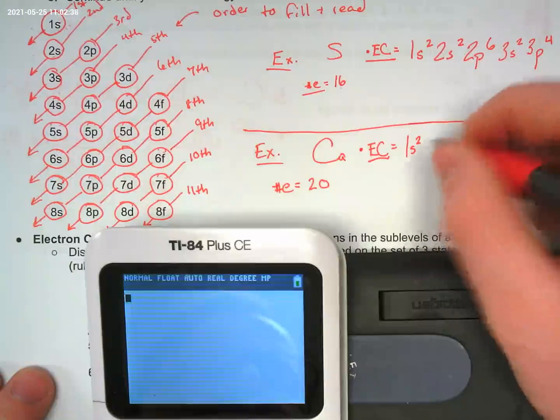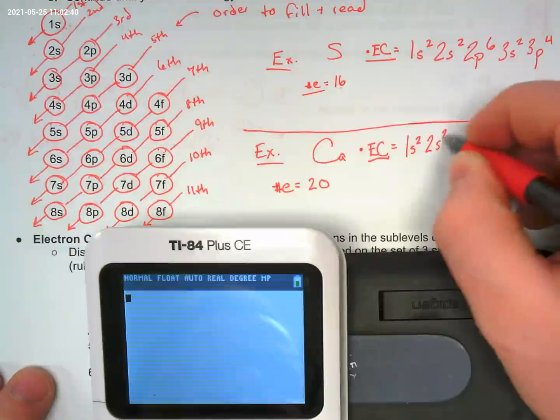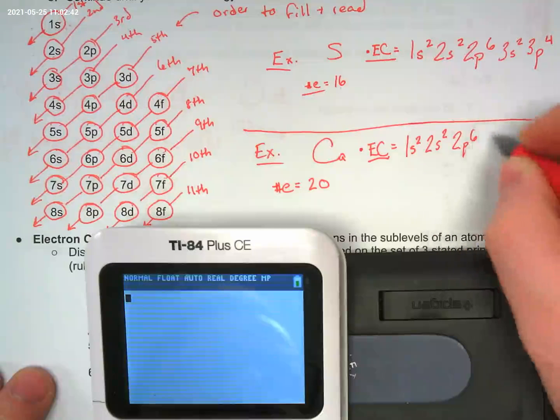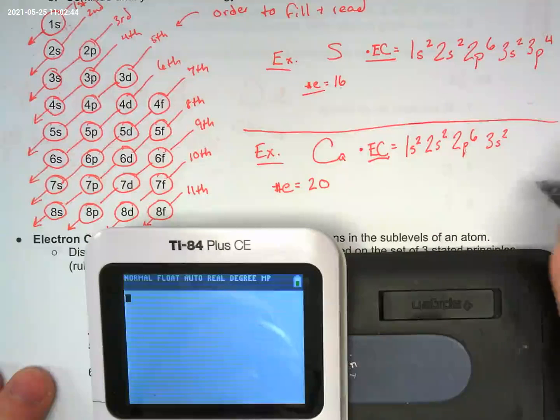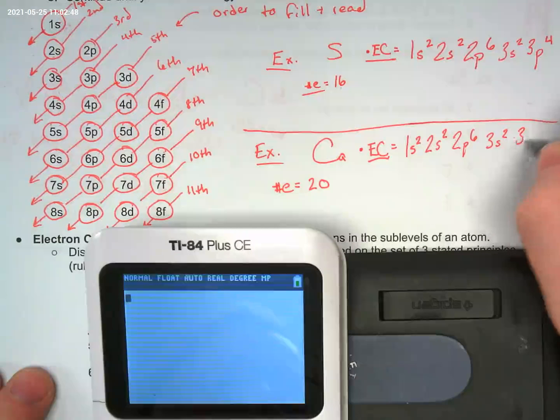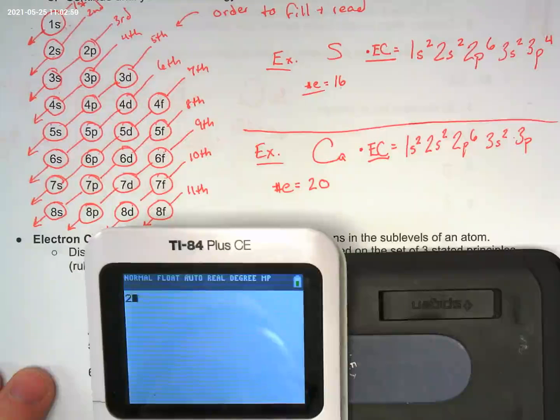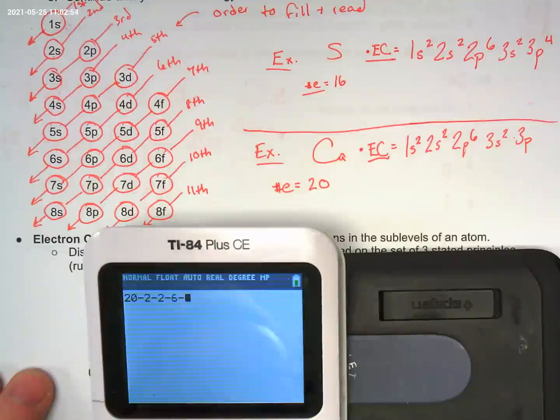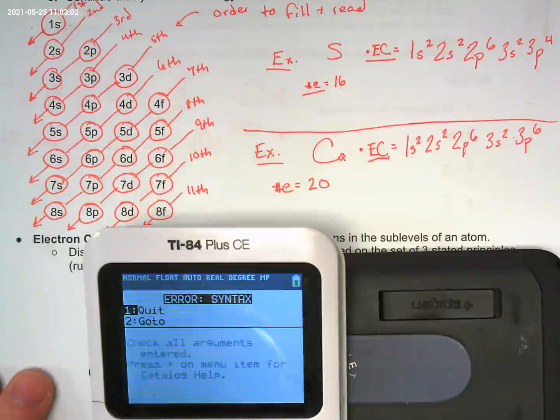Here's 1s2, 2s2, 2p6, 3s2. Up to that point, that right there is 12. So 20 minus 2, minus 2, minus 6, minus 2, I still have 8. So I can throw all 6 on there. Cool, so minus 6.